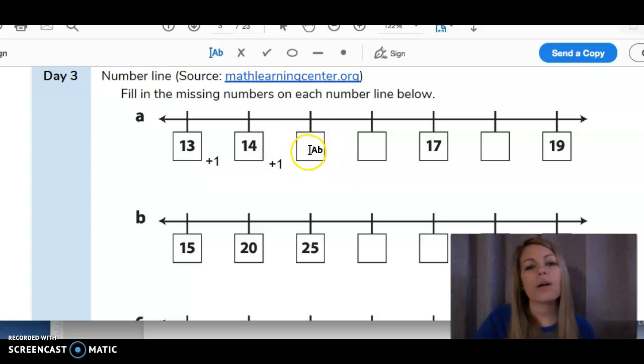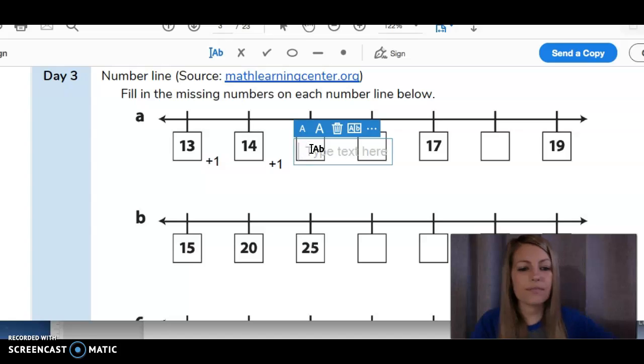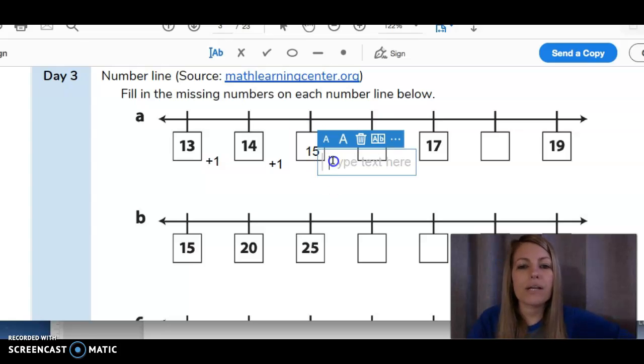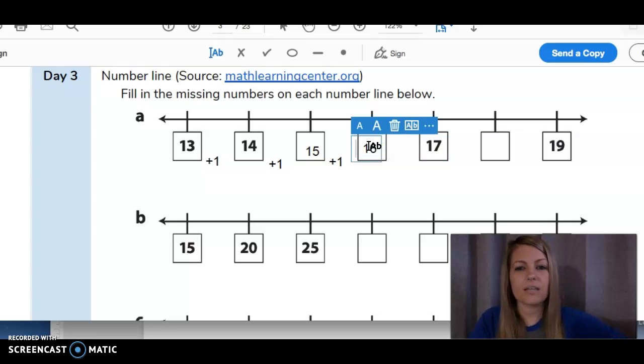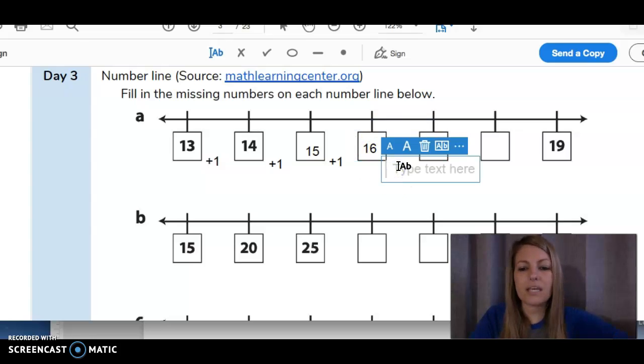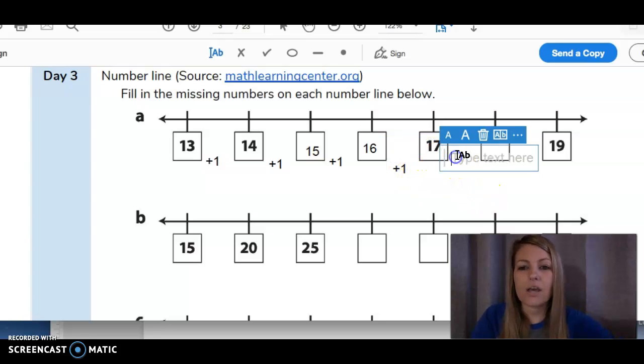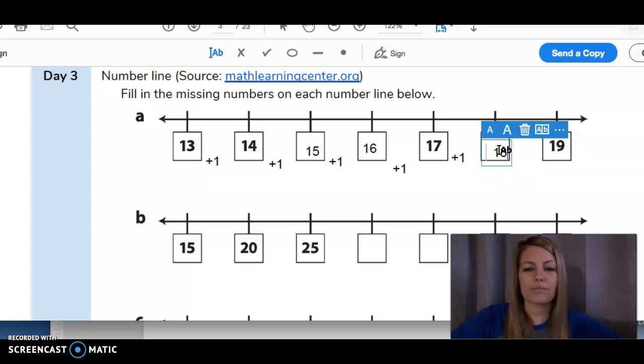before we can figure out what goes in this empty box, we have to add plus 1 to 14. So what's 14 plus 1 more? 15. What's 15 plus 1 more? 16. What's 16 plus 1 more? 17, which they already have for us. What's 17 plus 1 more? 18.